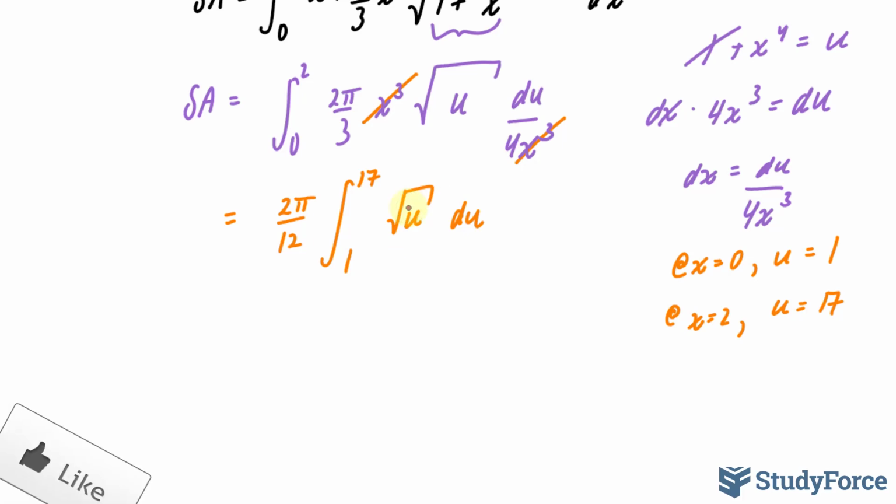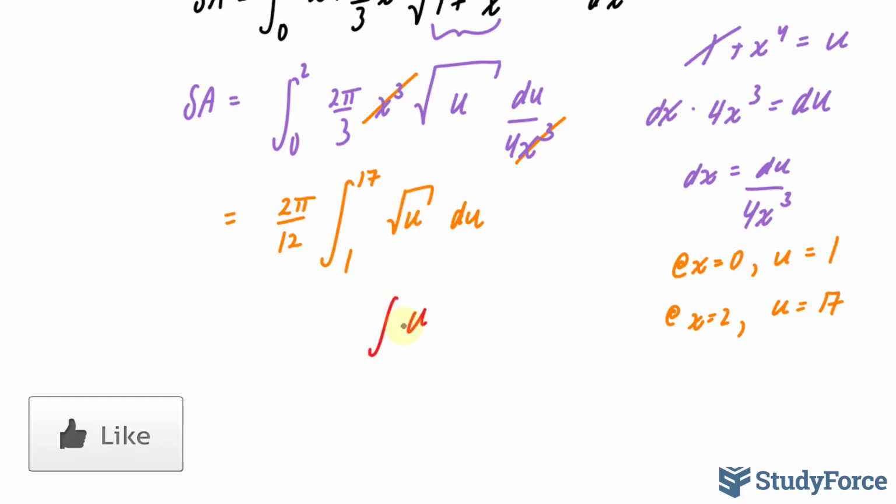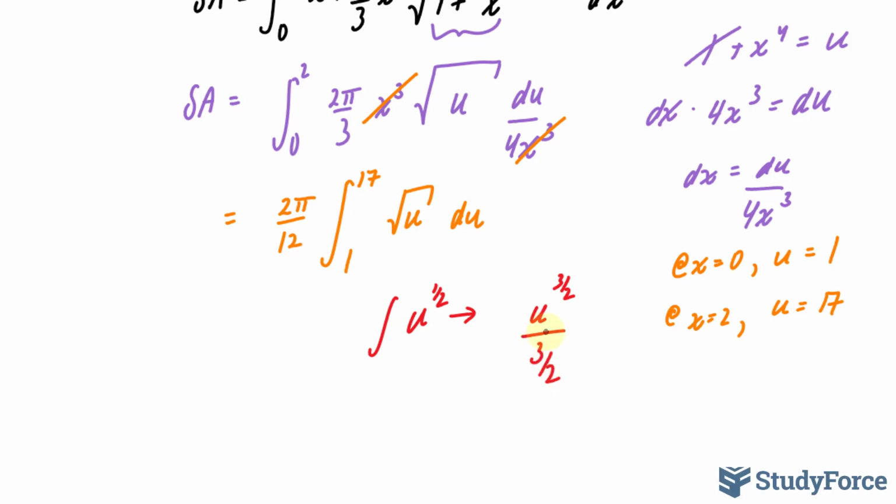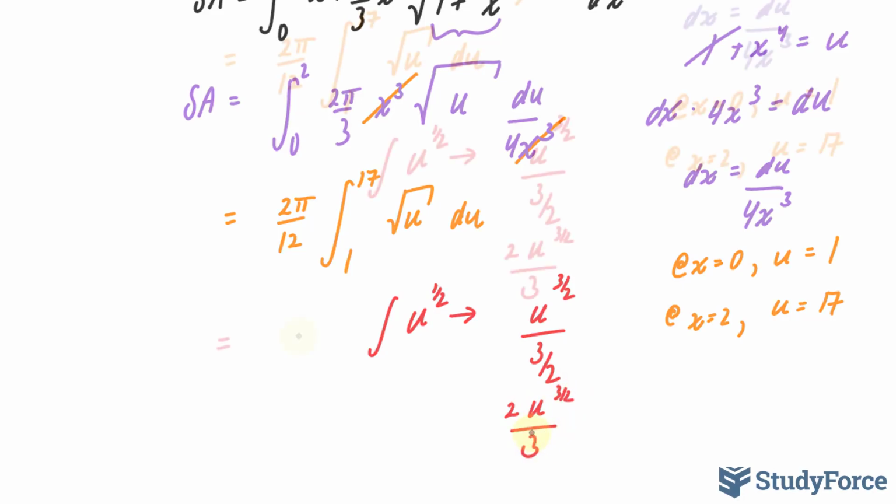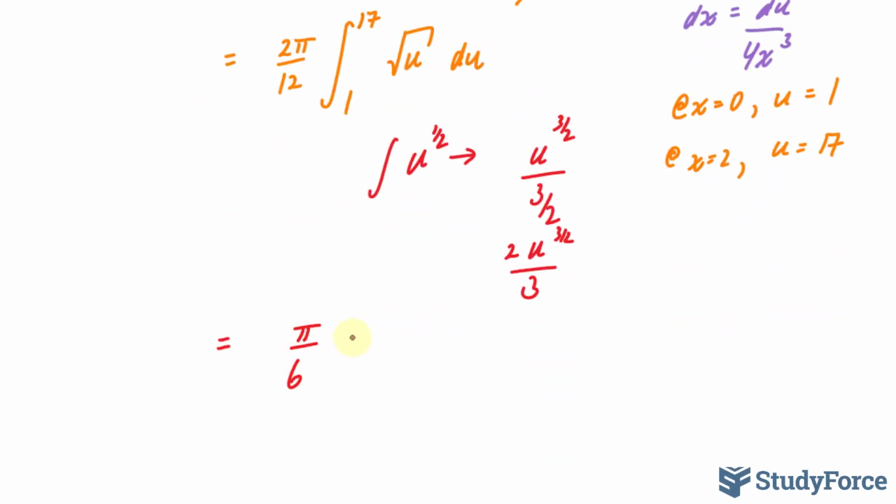Now I can easily find the integral of u to the power of half. Increase this by 1. I end up with 3 over 2 over 3 over 2, which simplifies to 2u to the power of 3 over 2 over 3. Pi over 6, and I've just reduced this fraction into pi over 6. 2u to the power of 3 over 2 over 3, and now we have to evaluate this at 17 and 1 and subtract what we get for both.